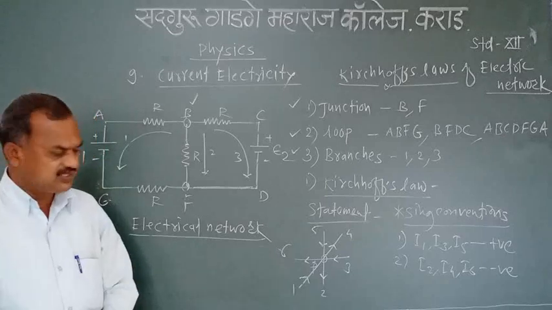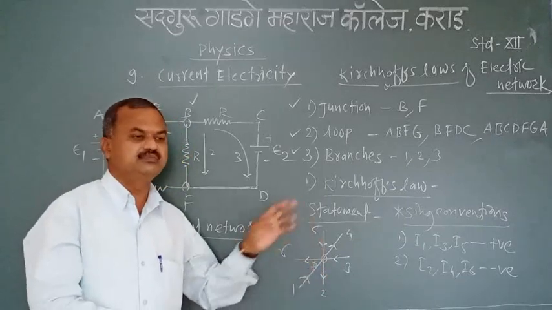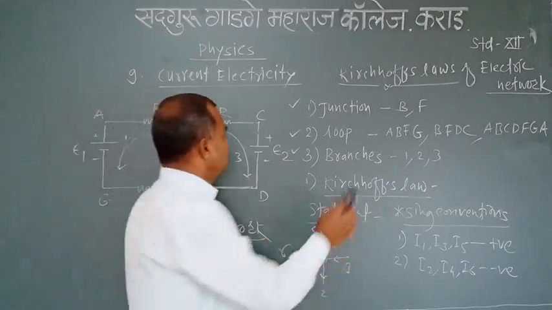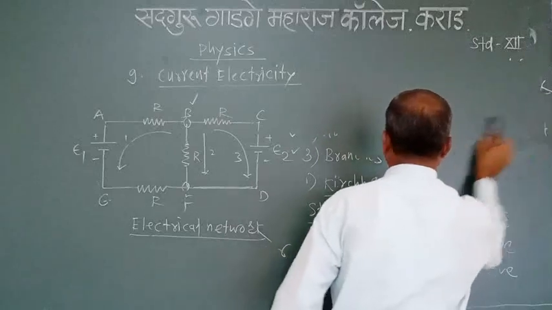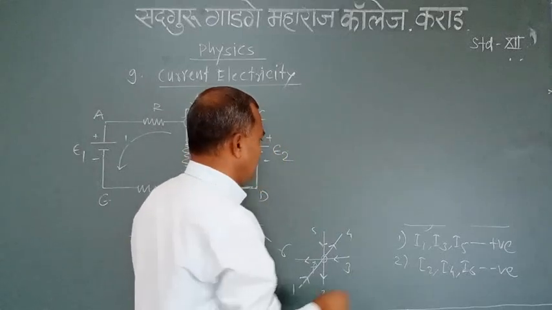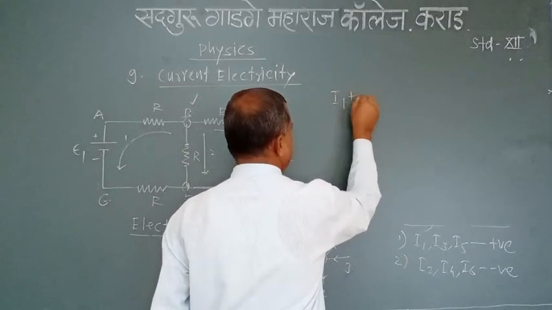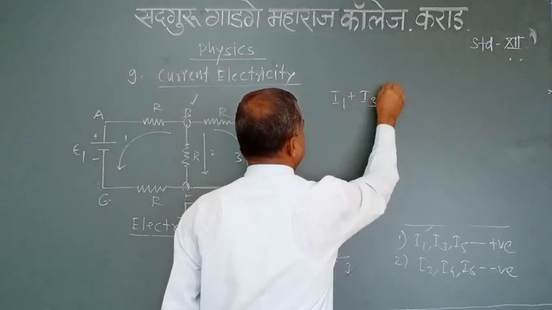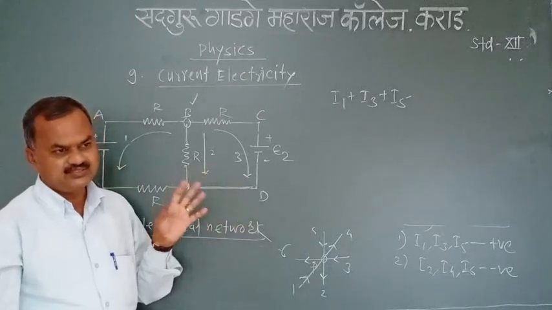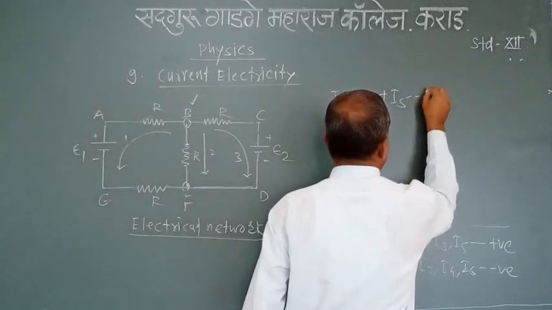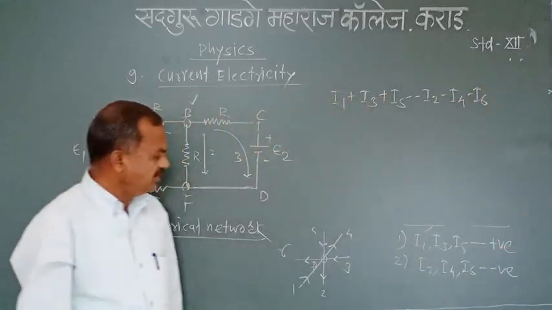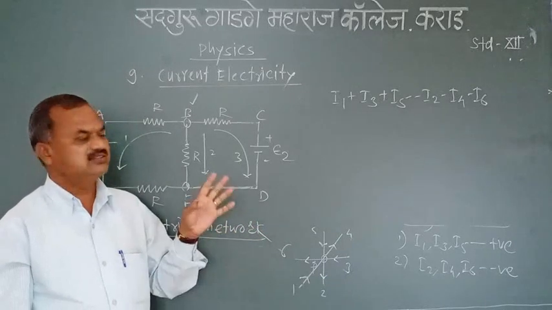By applying these sign conventions for such a junction point in an electric network, according to Kirchhoff's first law, the algebraic sum of all these currents: current I1 plus current I3 plus current I5, which are currents flowing towards the junction, always taken as positive, while currents I2, I4, I6 flowing away from the junction are treated as negative.